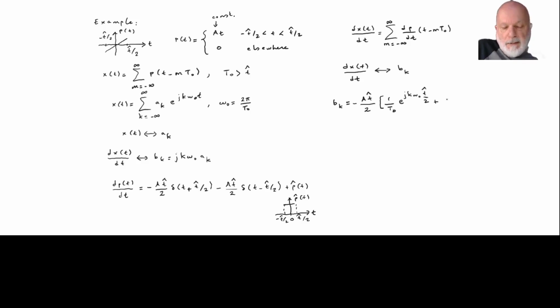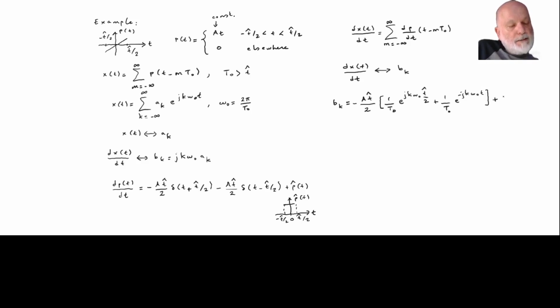Now, for the second impulse, the signal obtained by means of the periodic extension will have Fourier series coefficients 1 over T0 e to the minus j k omega 0 T cap over 2.